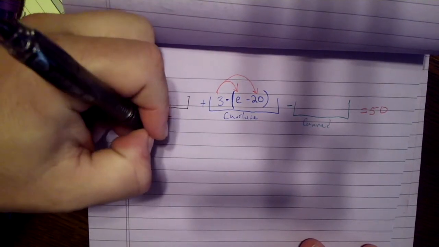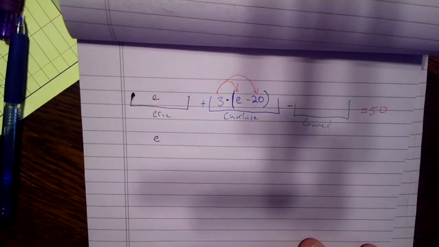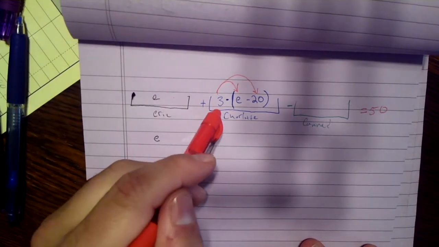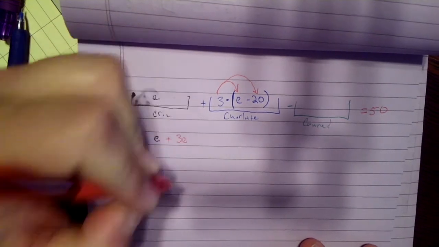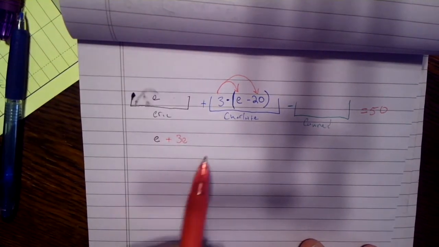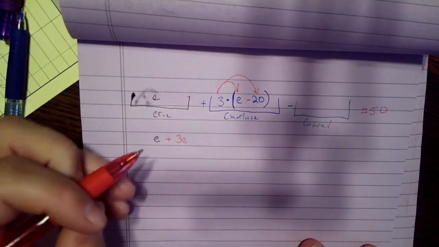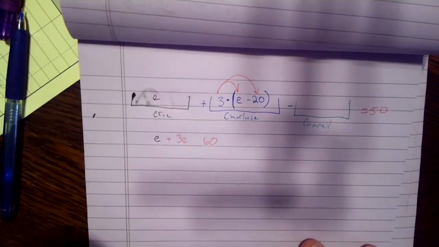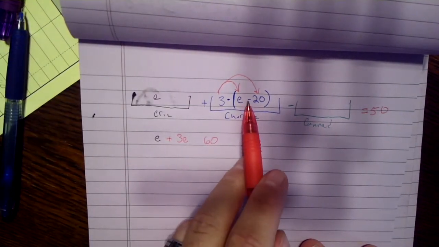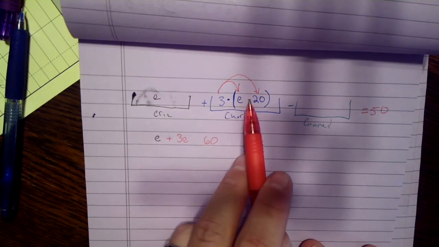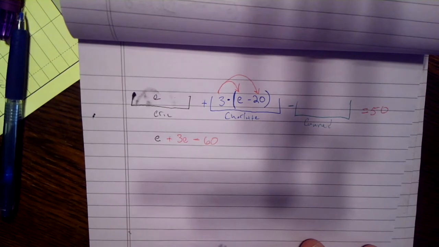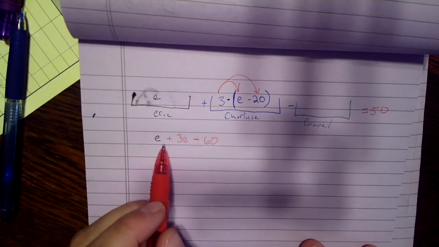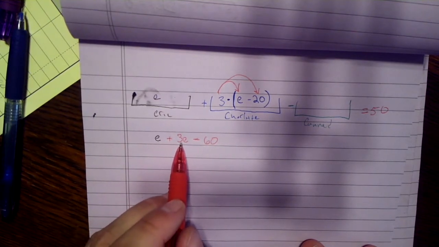We're not doing anything with it, so it just becomes E. Then we have 3 times E, which is plus 3E. Now we have 3 times 20. 3 times 20 is 60. Don't forget, it's minus 20. So a positive number times a negative number is going to give me a negative 60. Okay, so now we have E plus 3E minus 60.